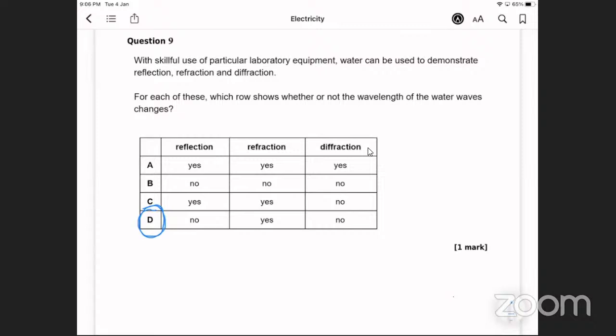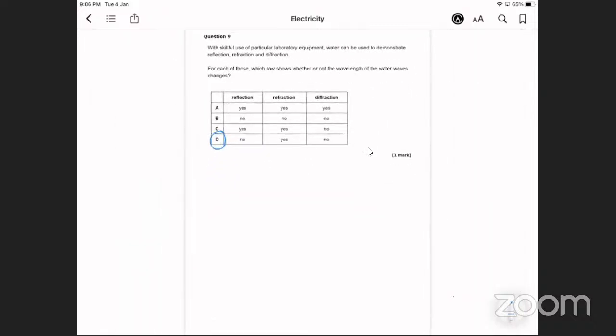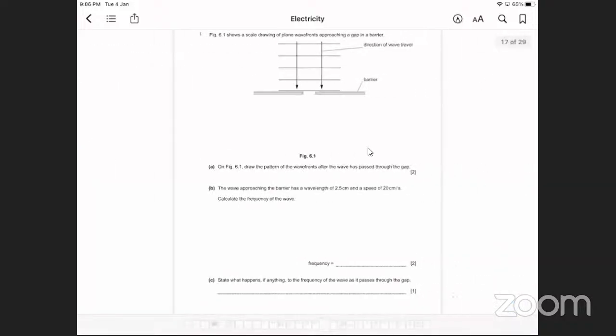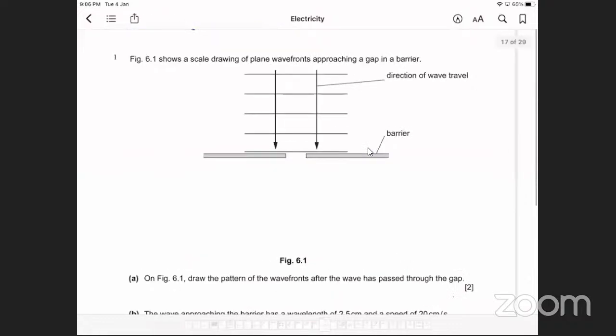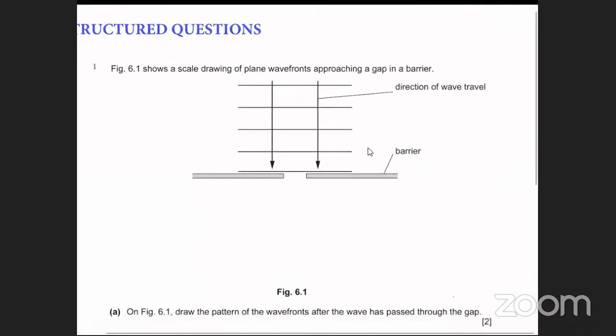All right, so now let's move on to the next part of the questions. I think the next part should be the structured questions.